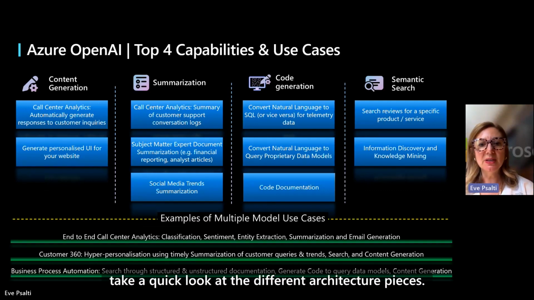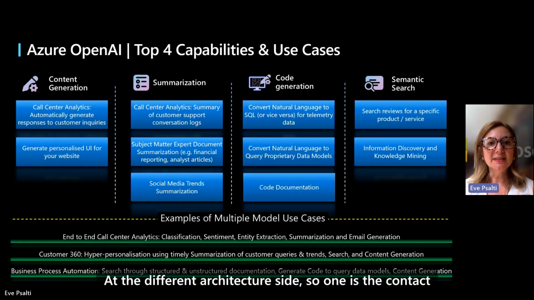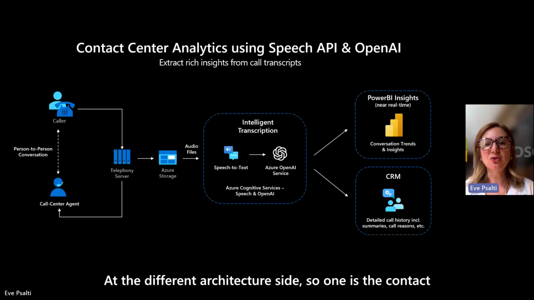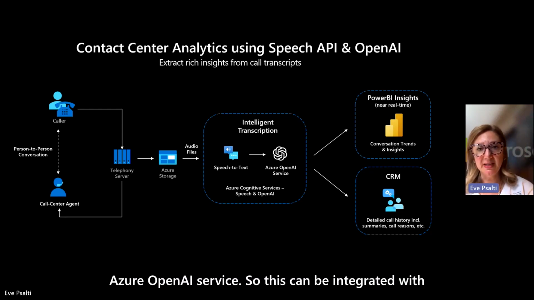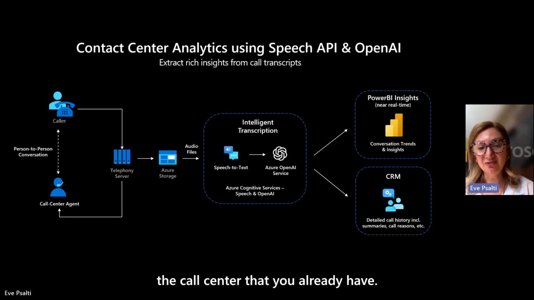And we can take a quick look at the different architecture pieces. Oh, sorry, at the different architecture side. So one is the contact center analytics, using the speech API and the Azure OpenAI service. This can be integrated with a call center that you already have.